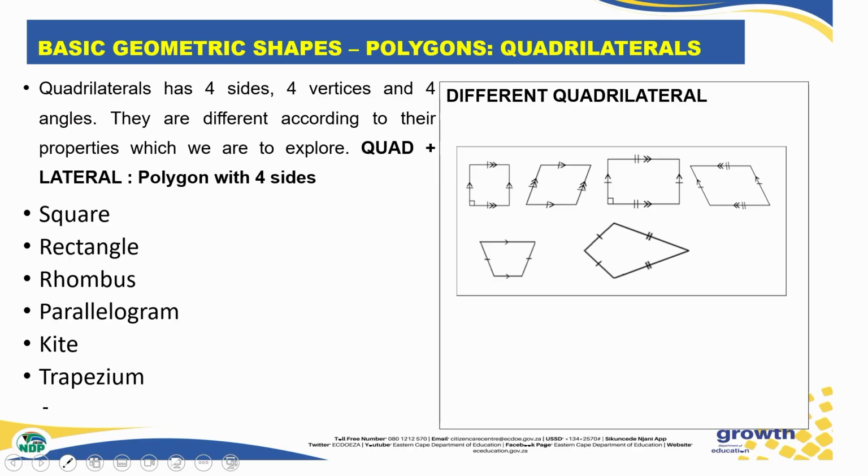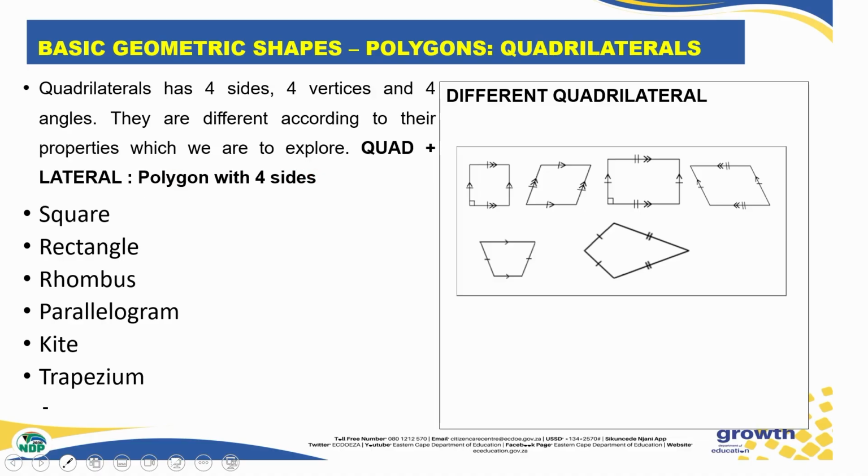All the shapes that you see around you, as long as they have these characteristics, are known as quadrilaterals, where the word quad means 4 and lateral means sides. Therefore, quadrilaterals are all the polygons that have 4 sides.